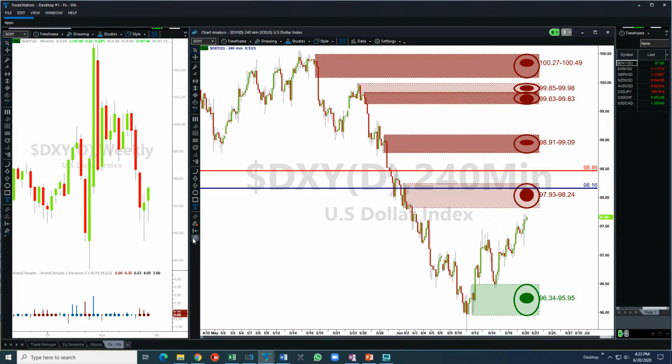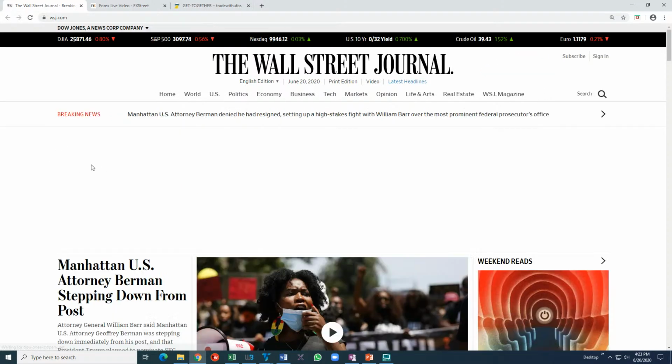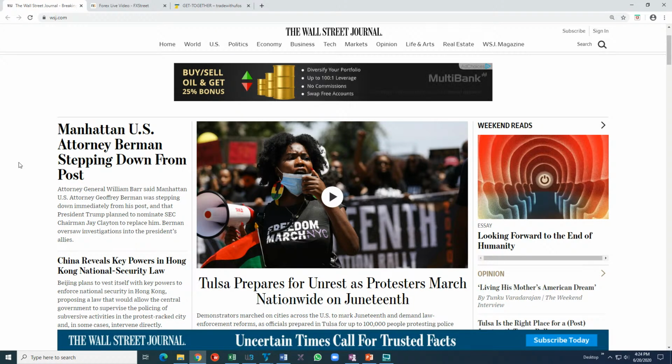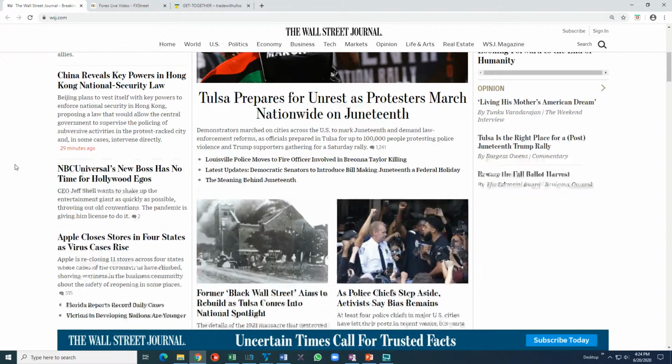A lot of news is coming out in the market, a lot of sensational headlines, enough to make the markets gap at least 20 cents. It may not be a huge gap, but given how volatile the markets are at this point, and given all the kinds of news that's coming out.